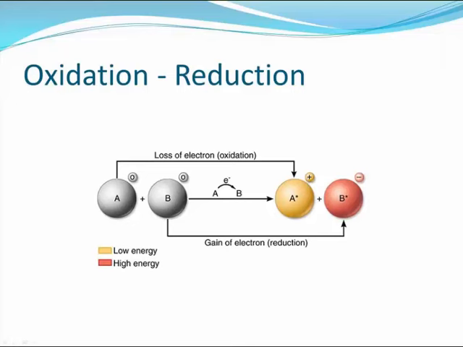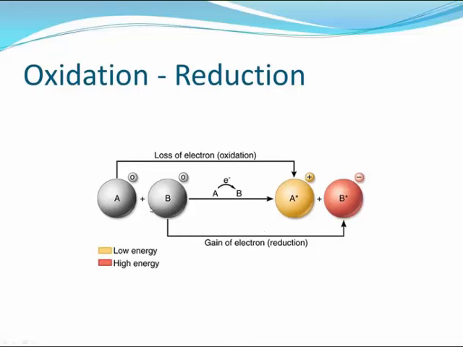This element is said to be oxidized. Now in this case, this element gains an electron, and when it does, it becomes more negative, and it's said to be reduced. So losing an electron causes the charge to go up. Gaining an electron causes the charge to go down, and that changes the solubility.